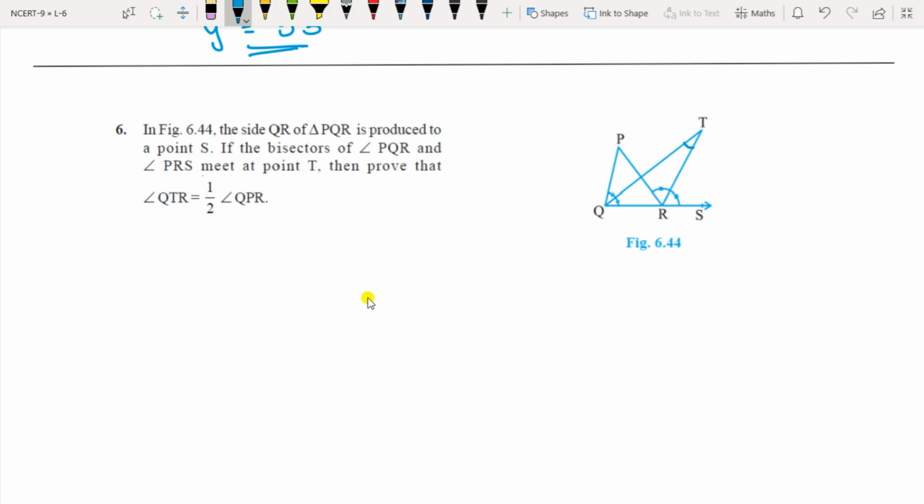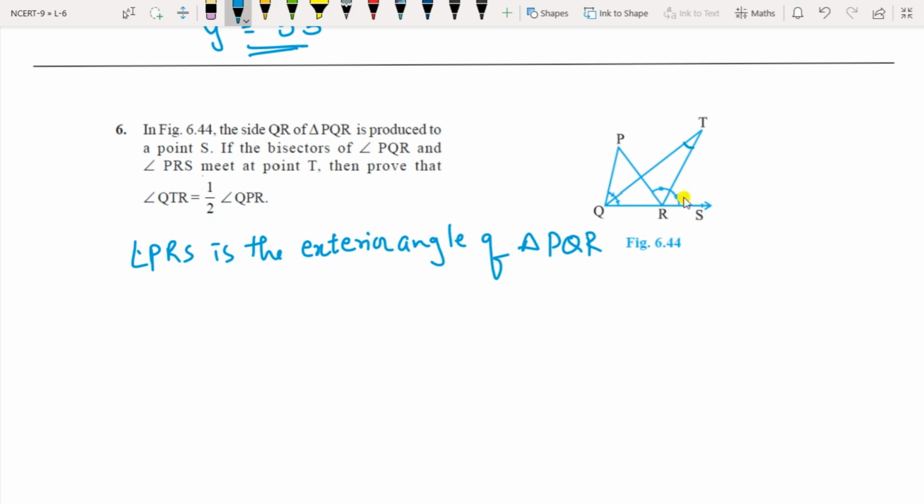Okay, so let us solve. Therefore, you have to write here: angle PRS is the exterior angle of triangle PQR. Therefore, as you have seen in the exterior angle theorem, angle PRS is equal to angle QPR plus angle PQR.